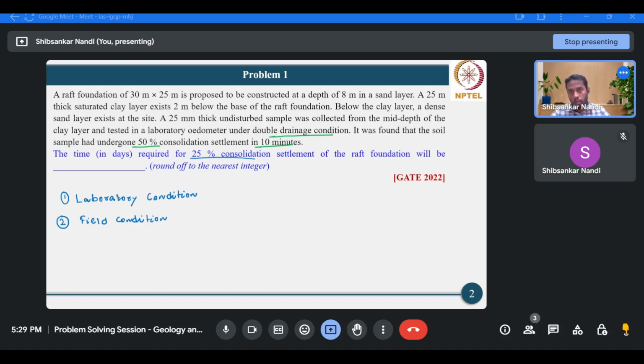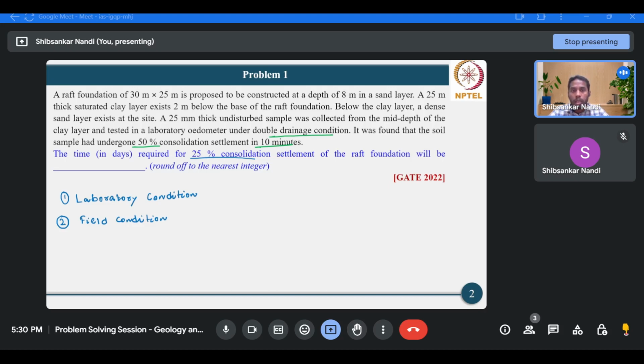Please keep in mind that for this kind of extrapolation, the sample and the field soil should be the same, means the soil should be collected from the same field. Otherwise, we cannot use the same CV for another field condition. That would not be the correct approach.